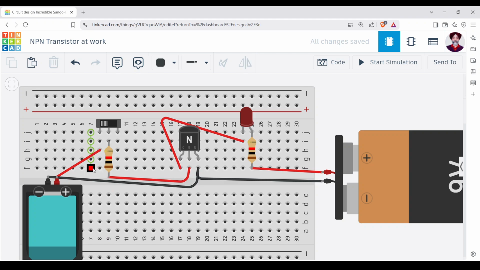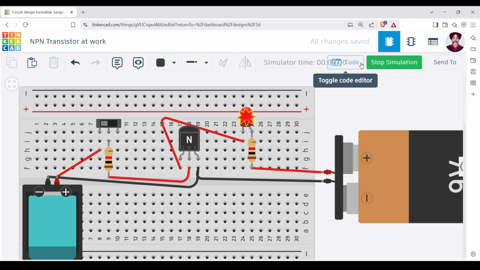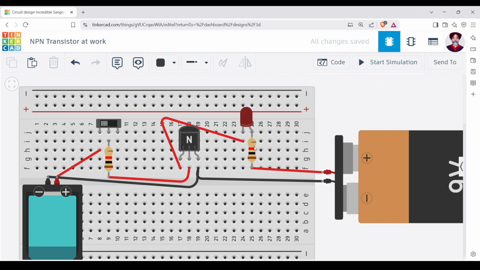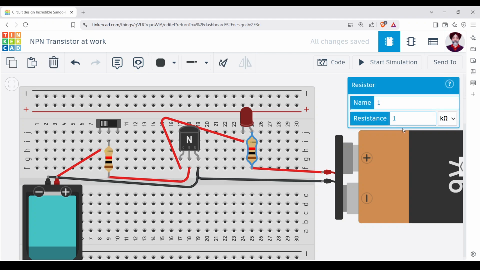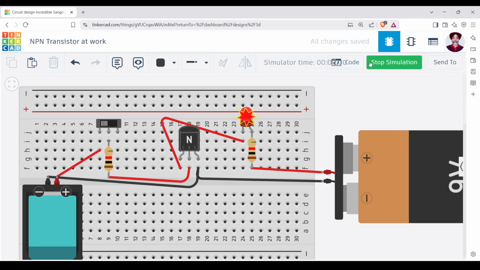So the voltage to the base is also reduced using this particular resistance. All right. It has still blown. Yes, because this resistance is a little low. Let's make it 1 mega ohm resistance. Alright, it is still blown.